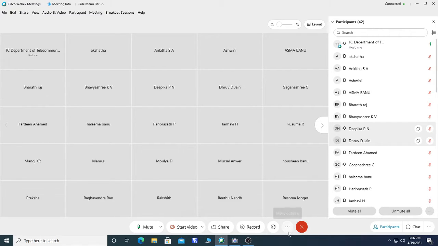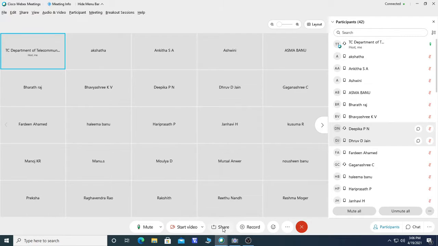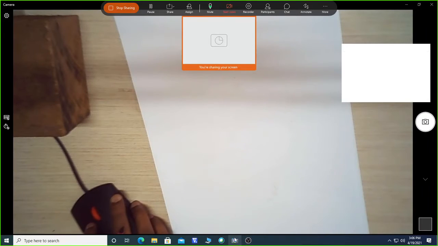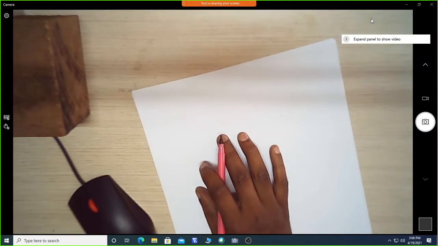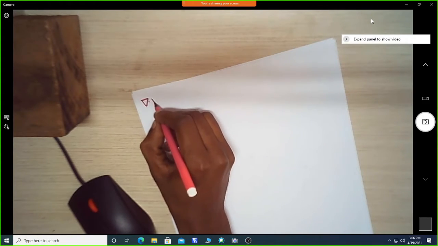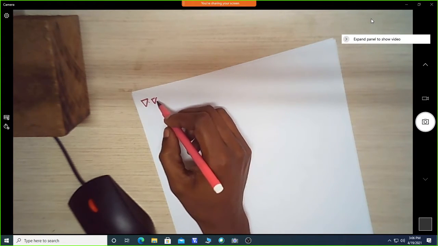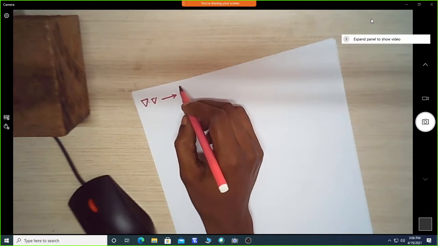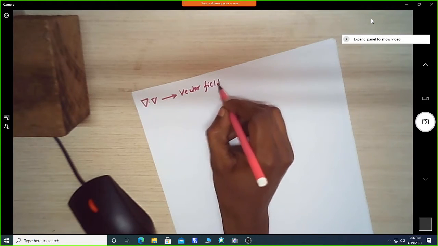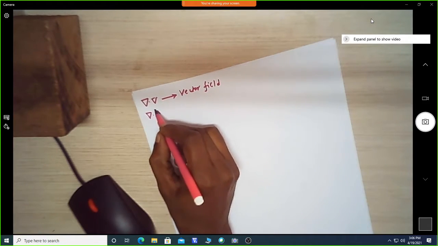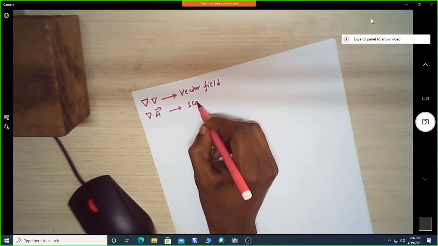So in the last class we discussed divergence and the divergence theorem. When we operate the del operator on a vector, how does it actually perform? First we saw del dot V. If it operates on a scalar field V, this produces a vector field, and when we operate on a vector, this produces a scalar field.